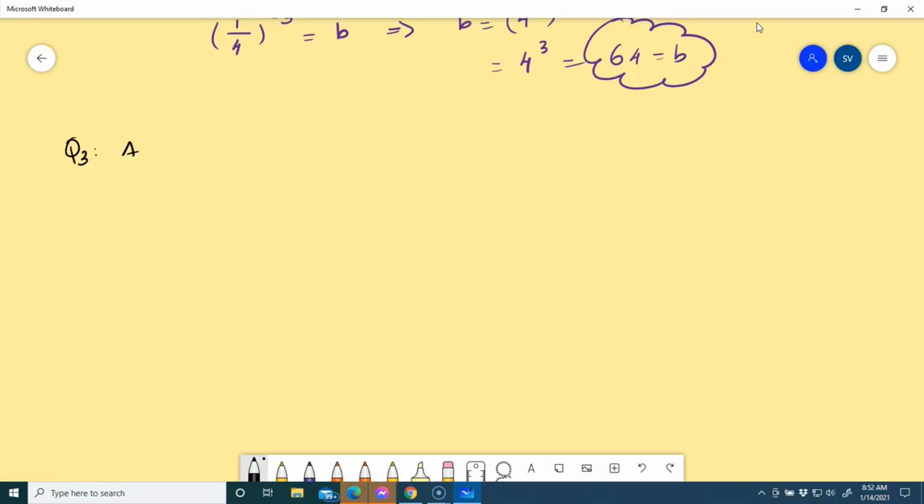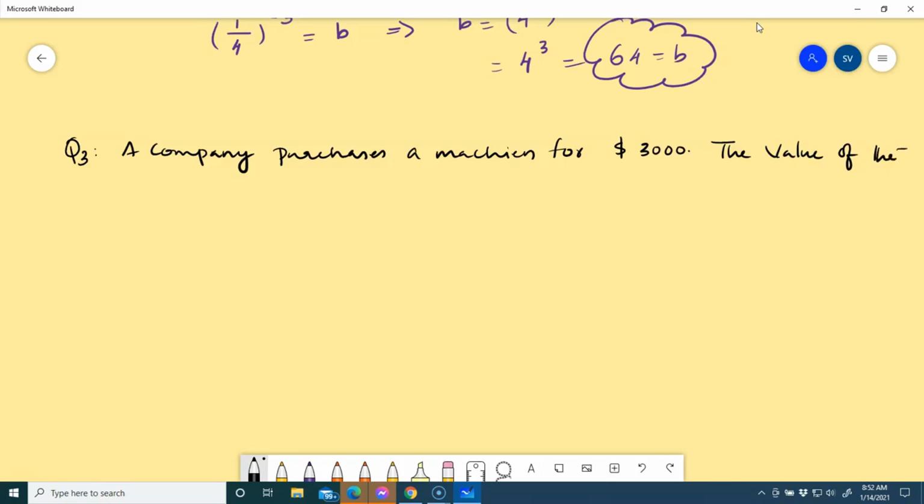Okay, a company purchases a machine for $3,000. The value of the machine depreciates at a rate of 10% each year.